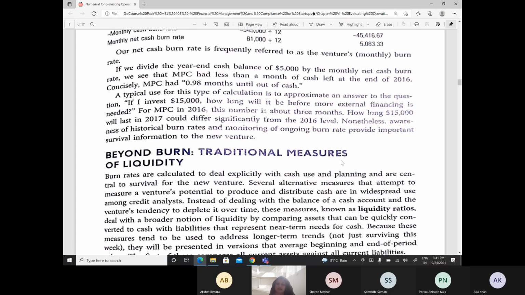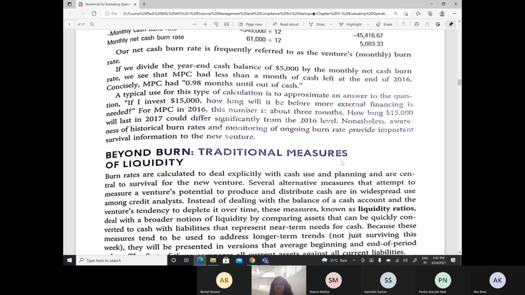If we divide the year-end cash balance of $5,000 by the monthly net cash burn rate, we see that MPC had less than a month of cash left at the end of 2016. Concisely, MPC had 0.98 months until OOC, or out of cash. A typical use for this type of calculation is to approximate an answer to the question, if I invest 15,000, how long will it be before more financing is needed?